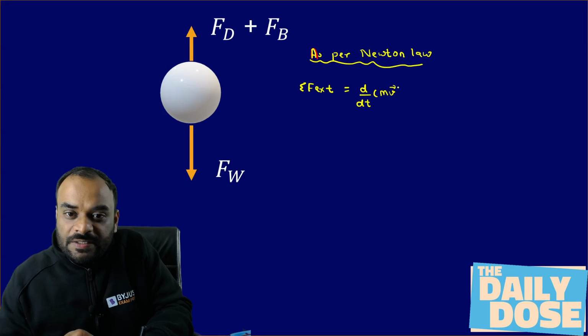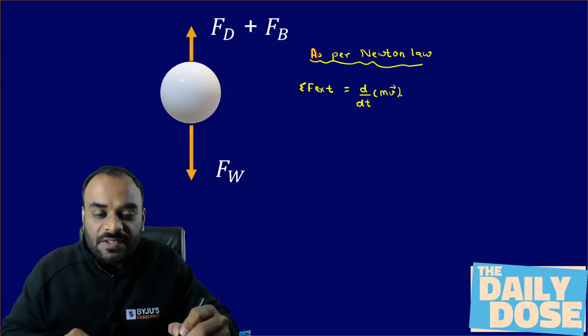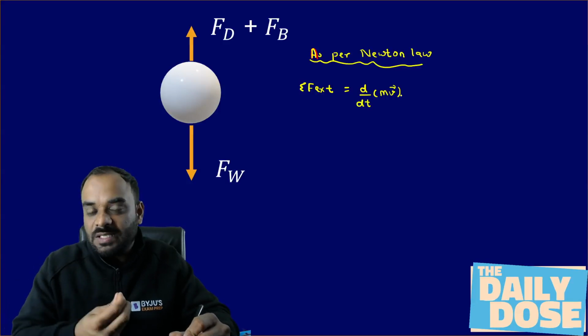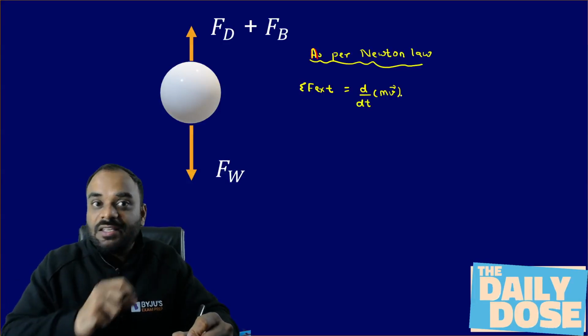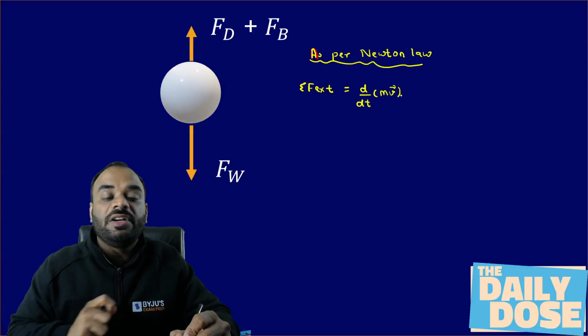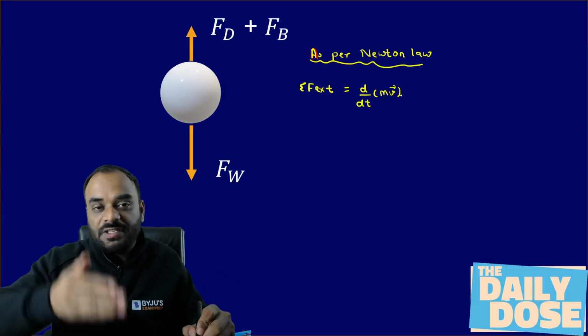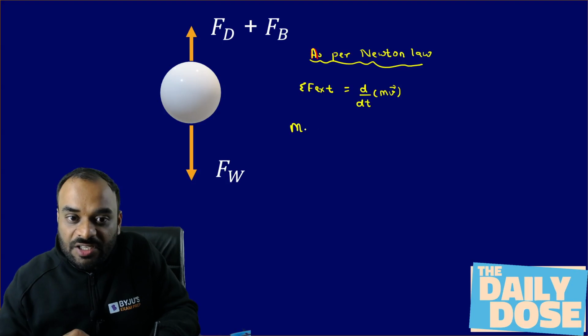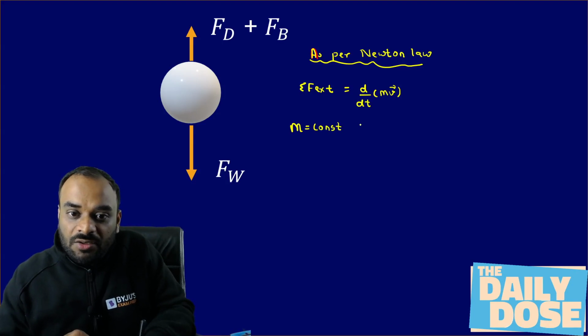Now you know that, guys, in our sedimentation analysis, the particle is not trying to change its mass. That means our mass is constant. And the second thing is the velocity of this particular particle, by which it is moving in a downward direction, is also constant, right? So in the sedimentation analysis, the mass is constant and the velocity, that means the settling velocity, is also constant.